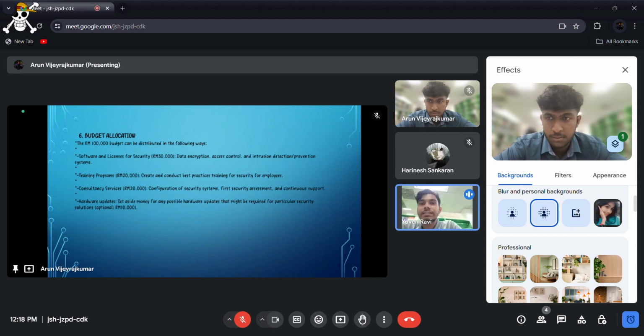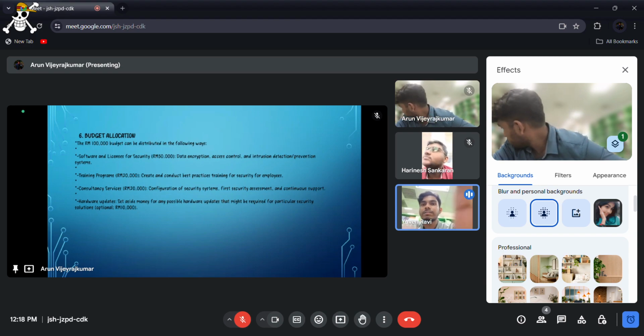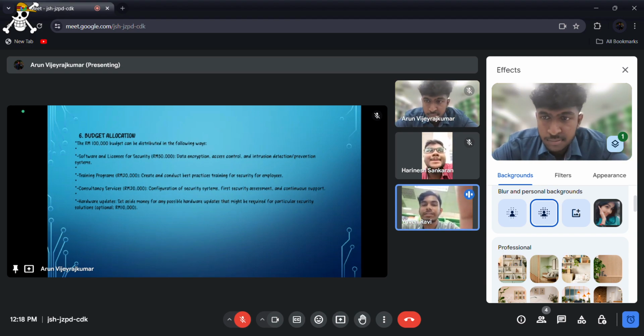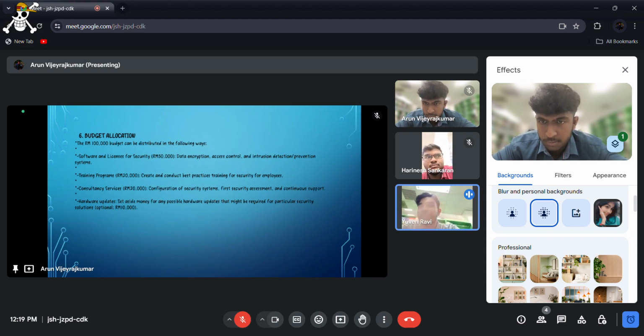Number six, budget allocation. The budget is RM 100,000. The budget can be distributed in the following ways: software and licenses for security for 50,000, covering data encryption, access control, and intrusion detection or prevention systems. Next, 20,000 can be used for training programs: create and conduct best practices training on security for employees.